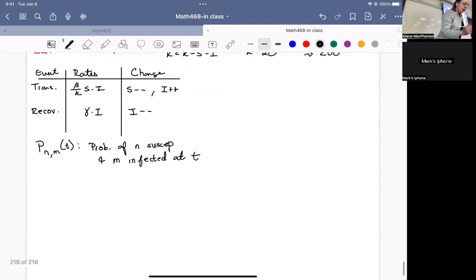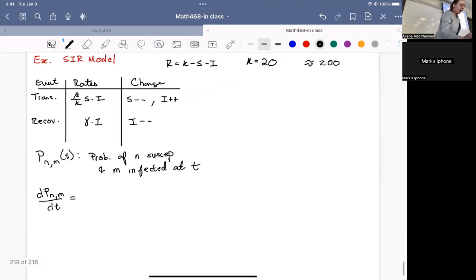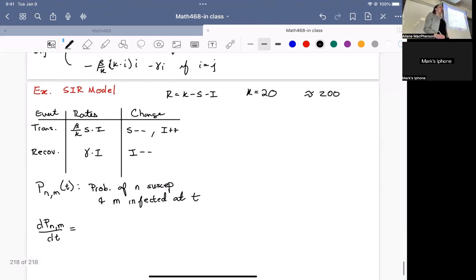All right, so let's try to actually write down what the differential equation is here for this quantity. I'm going to let you give it a try using the principles that I just outlined, and then we'll do it together.